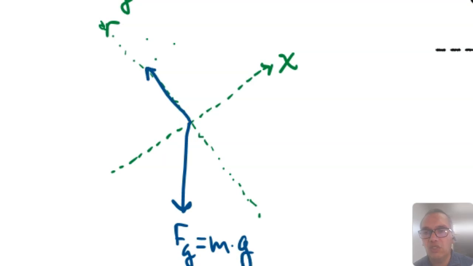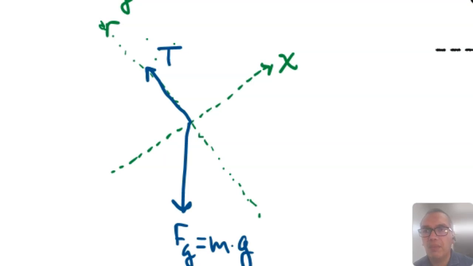Y is radial along the string. And so for these two axes, what you can say about the forces is, first, that there are two of them. One of them is the gravitational force, mass times acceleration due to gravity. The other one is the tension along the string.